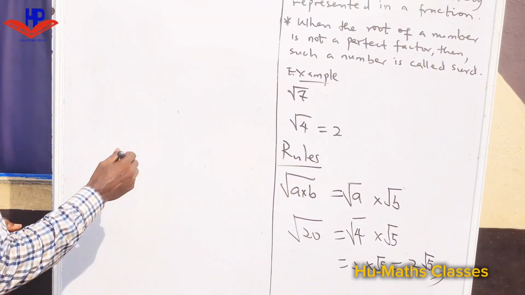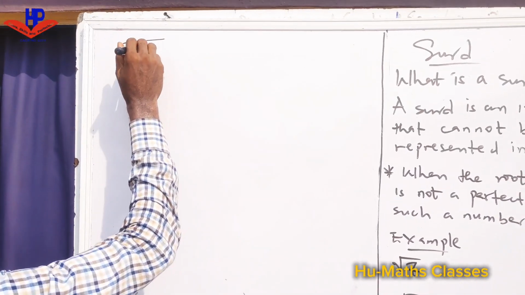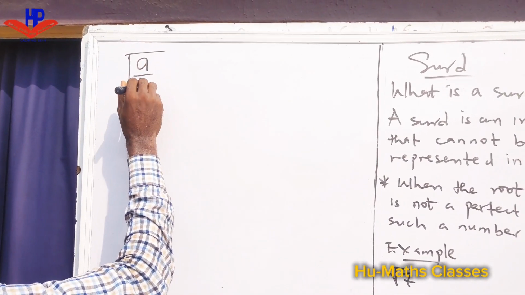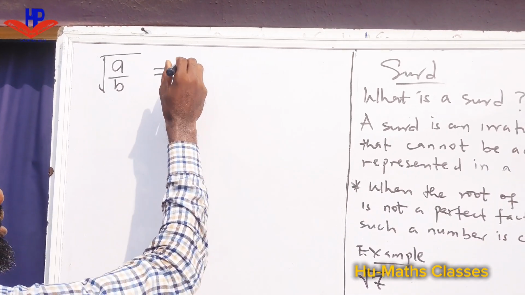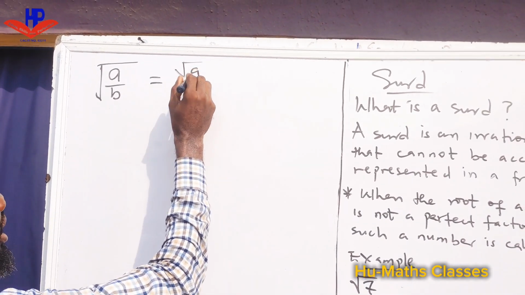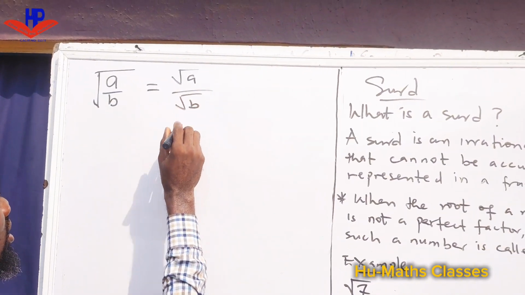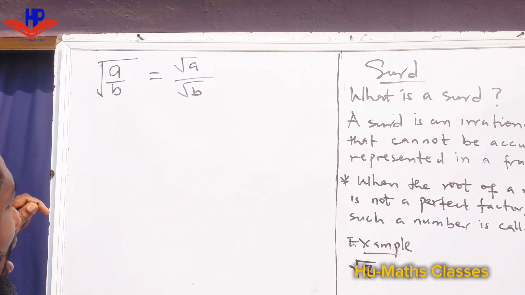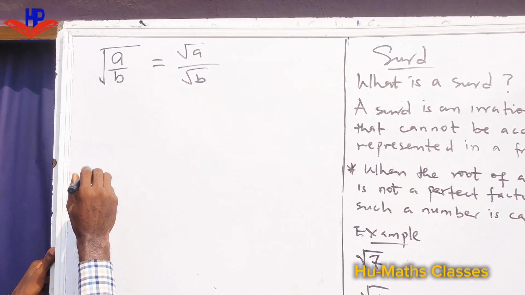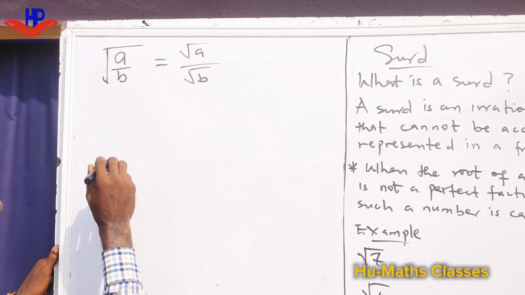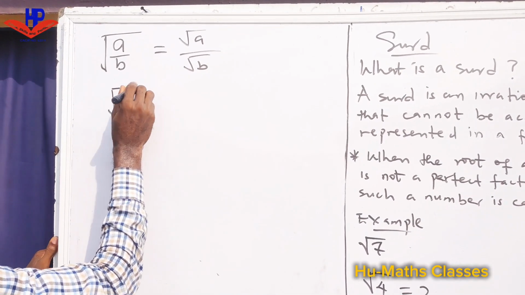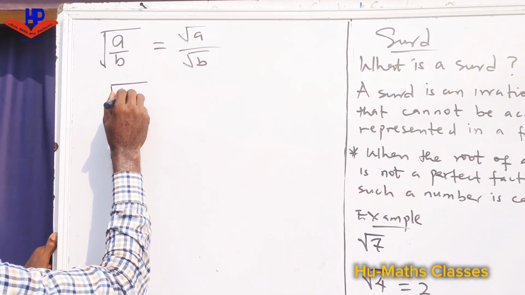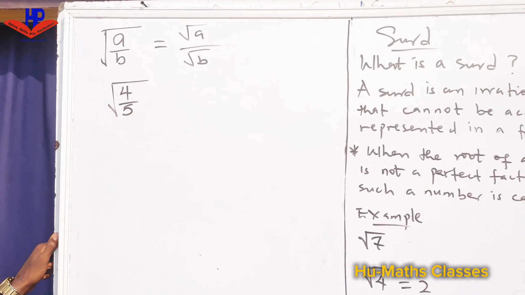The second rule states that if a is divided by b, all in a root sign, we can express them separately in their root form, root a and root b. So we have root a divided by root b. An example that can help us understand that is when we have, let me see, 4 and 5.